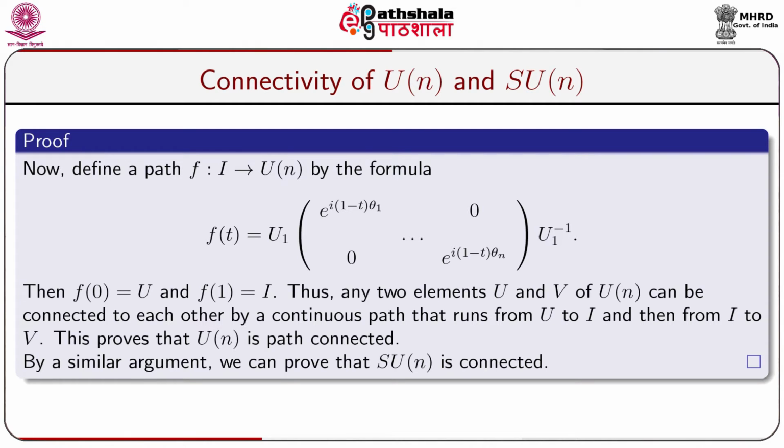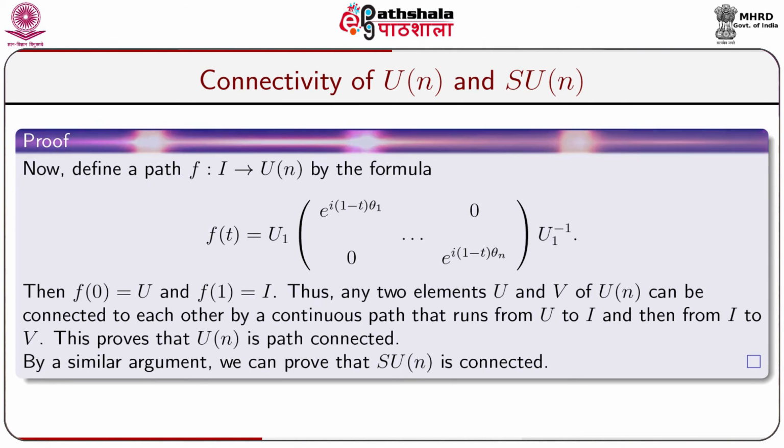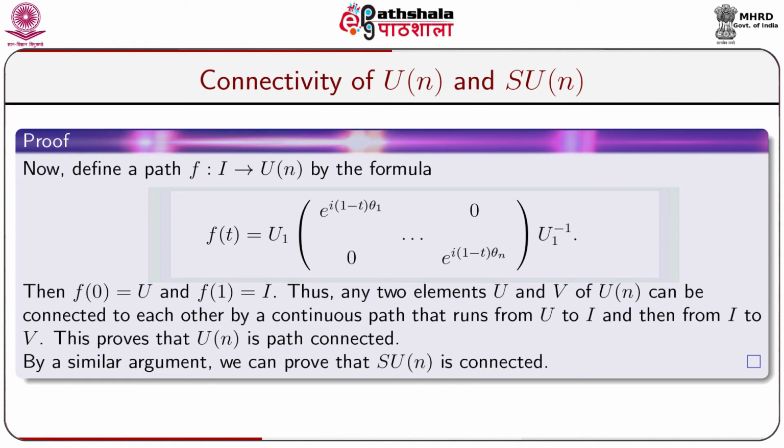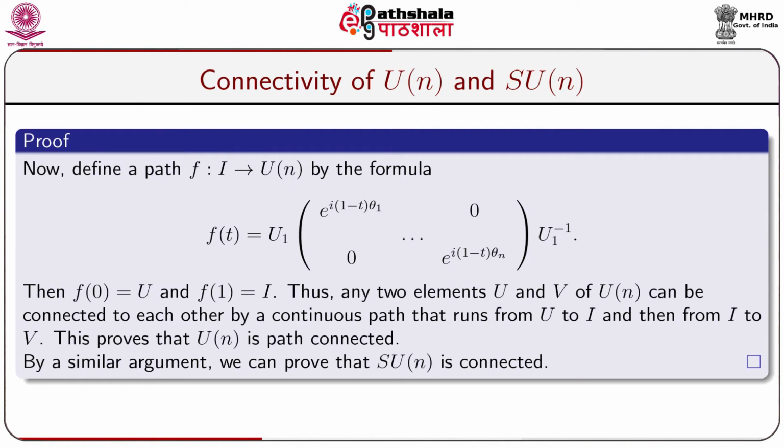Now, if we define U_t equal to U1 times the diagonal matrix with diagonal entries e to the power i(1 minus t)theta, times U1 inverse, then U_t is a path that starts at U_0 and ends at U_1, where U_0 equals U1 times e to the power i theta times U1 inverse, and U_1 is equal to the identity matrix.